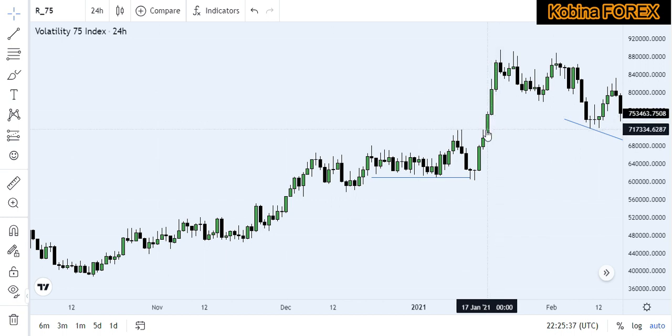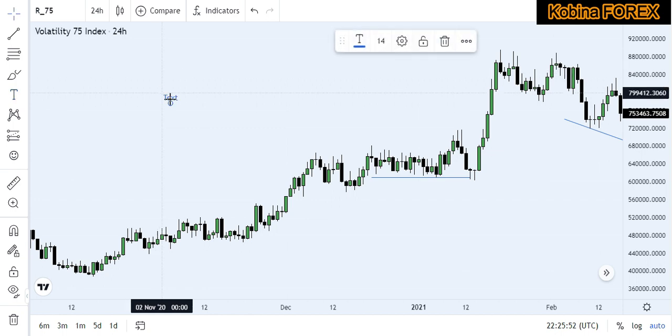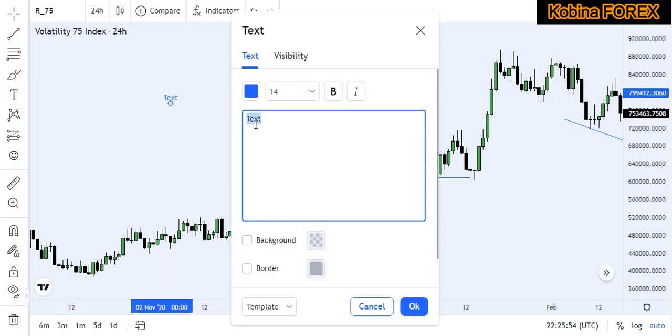Fair value gaps are equally inefficiencies that point to where you find liquidity. But here we are looking at buy side liquidity and then sell side liquidity. So today basically we are looking at two things here: buy side and sell side liquidity.